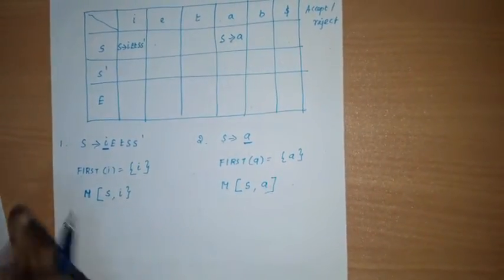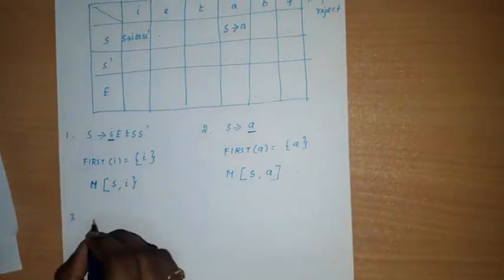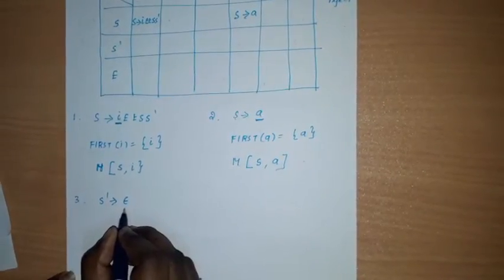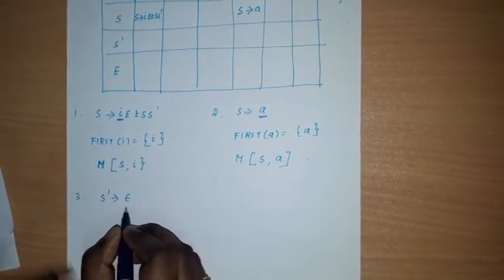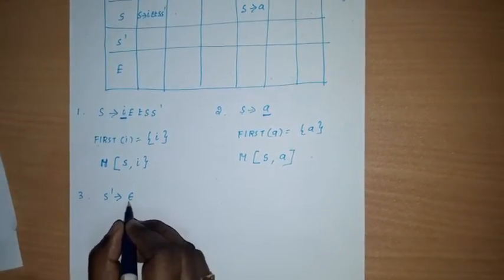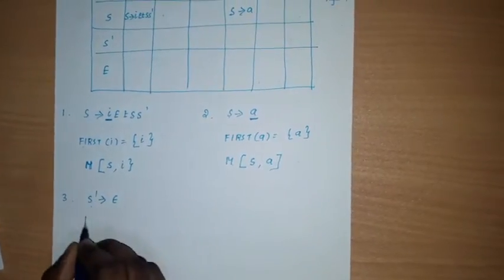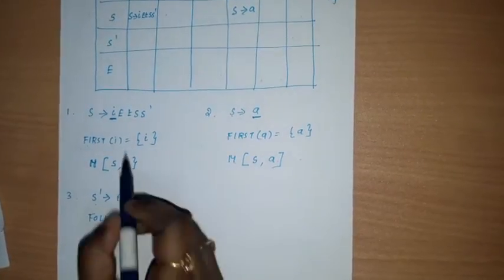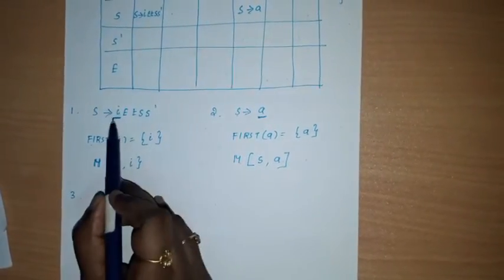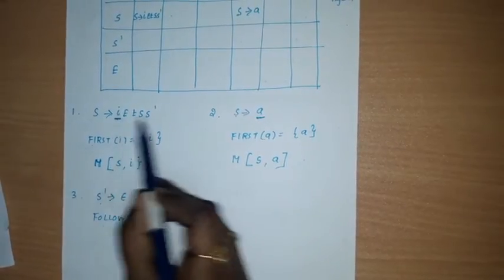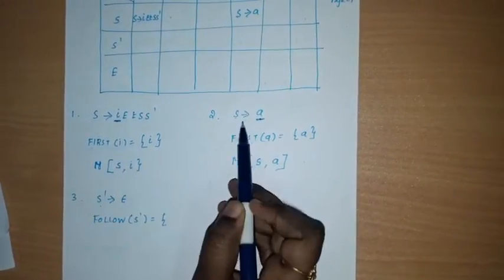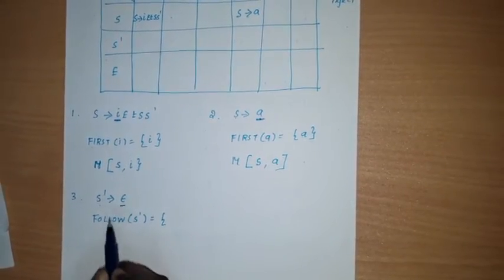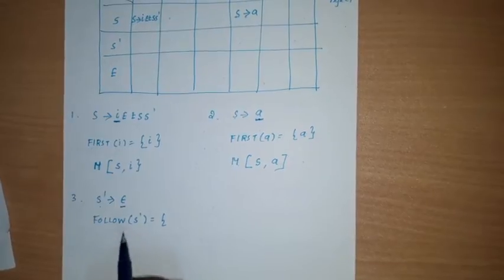The third production is S' tends to epsilon. Here the right side first symbol is epsilon. We can't find out the first value for epsilon. So in the epsilon case only, we have to find out the follow value of the left hand side symbol. Except epsilon, in all the productions we have to find the first value of the right side first symbol. But if the right side first symbol is epsilon, then we have to calculate the follow value of S'.